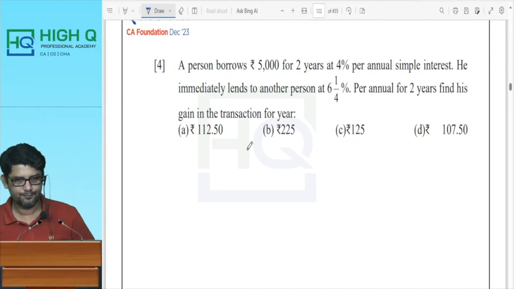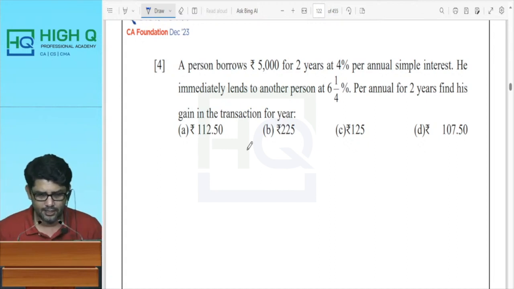Yes, fourth sum answer. Somebody has given me A. Is it A? I don't know. Few people have given me B. Gopi has given B. Kannan has given D. I don't know, why are you not trying it?